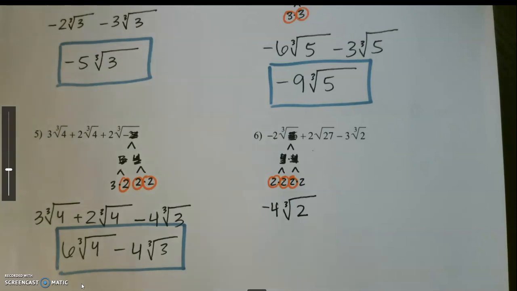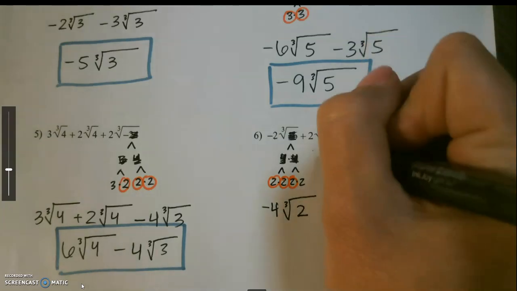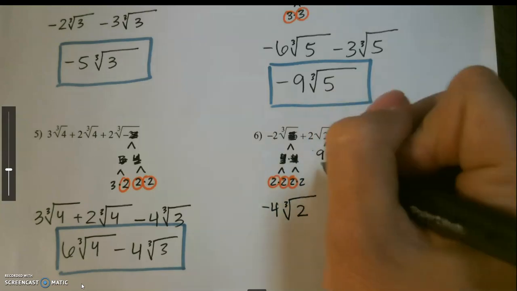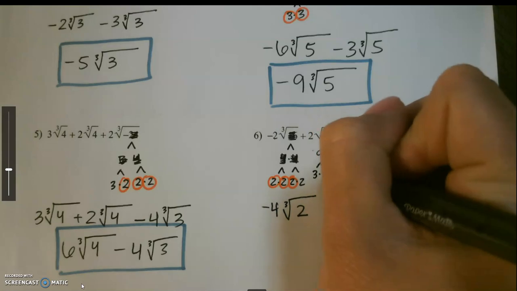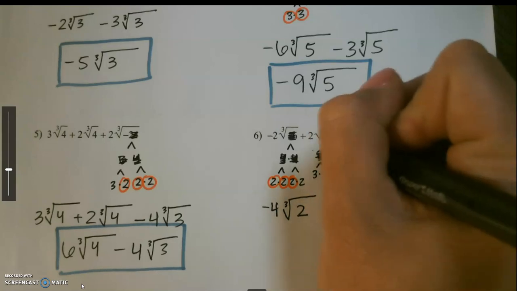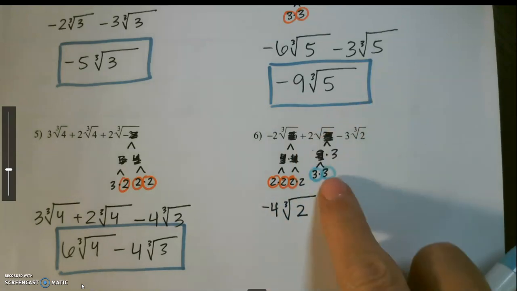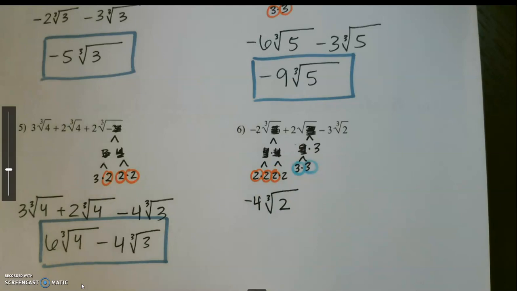Okay, for 27, we can break up the 27 into 9 times 3, and we could break up the 9 into 3 times 3. However, because this is a square root, we are actually looking for pairs and not triples. Right? So now I can take out a group of 2.